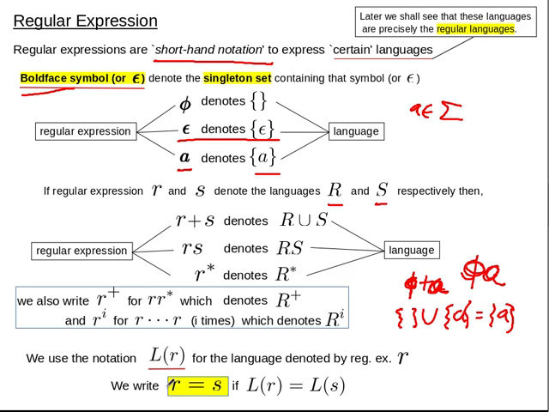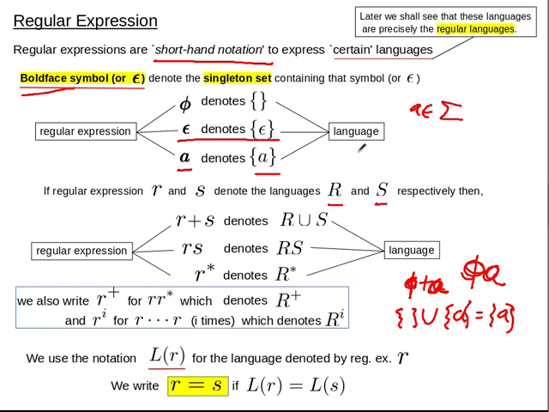So now when do we say that R is equal to S? If the languages they denote are equal. If R is a regular expression, the language R is denoting is written as L of R. So here, for example, this denotes this.